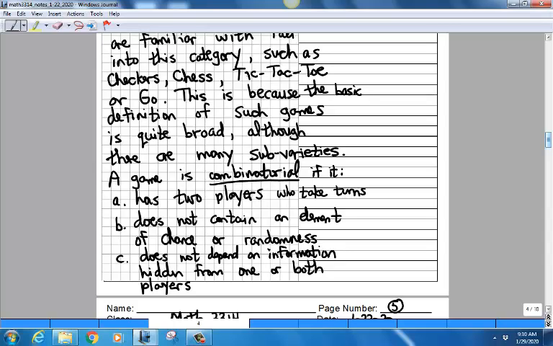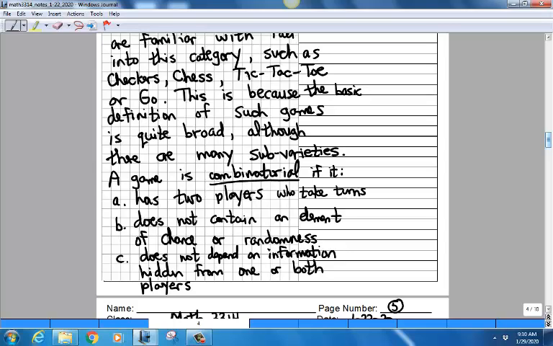So two players, and the game does not contain an element of chance or randomness. You cannot be rolling a die or drawing cards in a combinatorial game. And the game does not depend on information that's hidden from one or more players. So card games, of course, are not combinatorial games because they involve an element of chance.